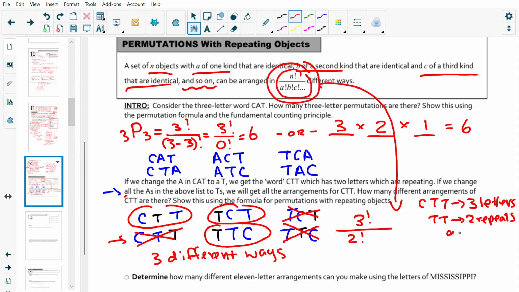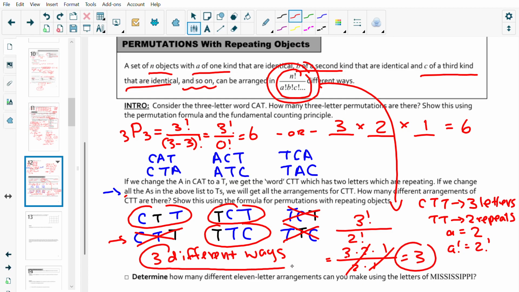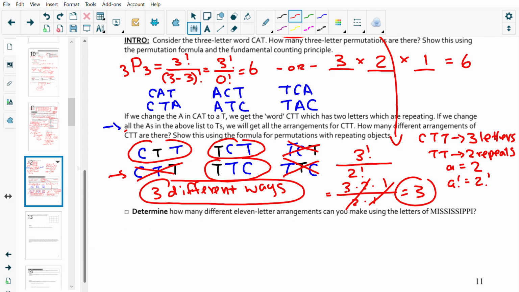So I can say A equals 2, therefore A factorial is 2 factorial. So that is equal to 3 times 2 times 1 divided by 2 times 1, and I have 3 ways just like we counted. Okay, and this is when there are repeating letters.